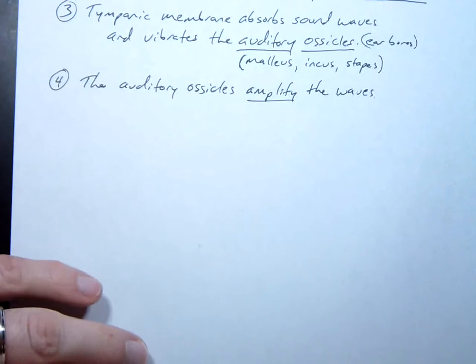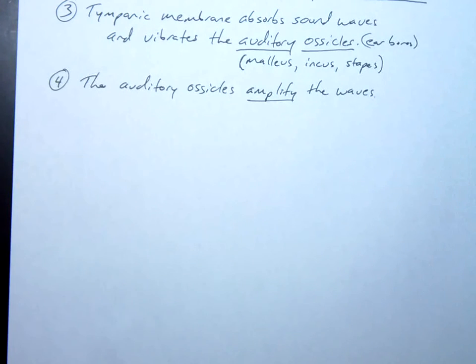And that's really important. Otherwise, we could just have the eardrum and the bones gone, and sound could just hit the oval window of the cochlea and create enough energy. But it's not enough by itself. So we need our eardrum to gather these really small, subtle waves, vibrate back and forth, and cause the ear bones to amplify that.